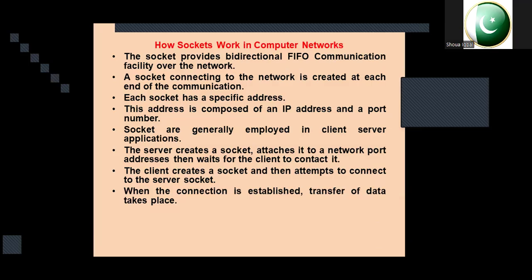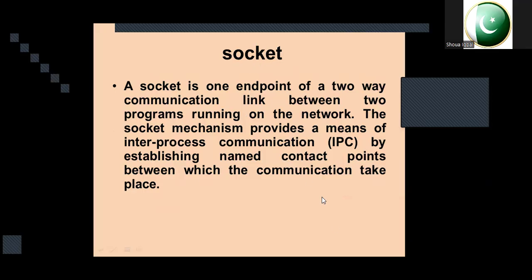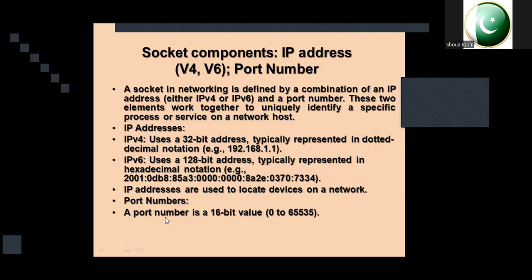How does a socket work in a computer network? A socket provides a bidirectional first in, first out communication facility over the network. First in, first out means FIFO. FIFO represents the communication facility over any network.